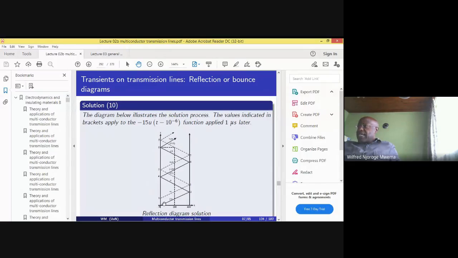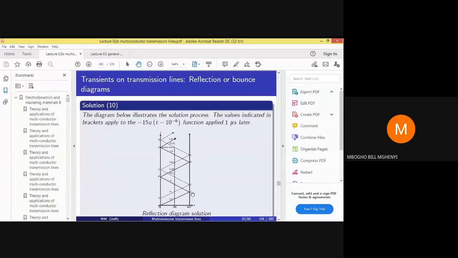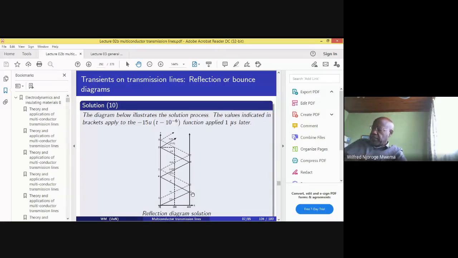You know how the step function goes? Yes. The step function is zero all the time at t less than zero and goes to unity at t equal to zero and continues.